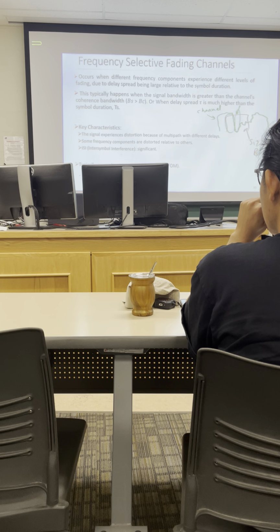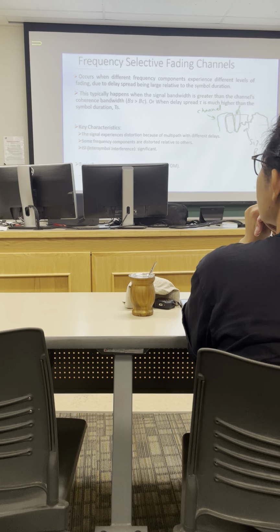So if the whole signal components experience attenuation with the same factor, in this case I don't have any distortion, right? Because I can tackle this at the receiver side by multiplying by the opposite value, okay? So if the signal attenuation was 0.1, for example, I will multiply at the receiver side by 1 over 0.1.